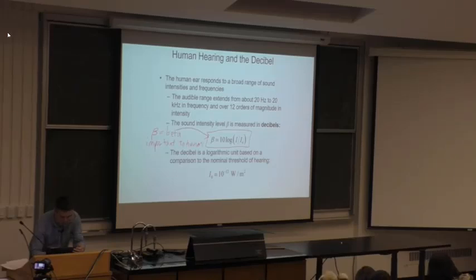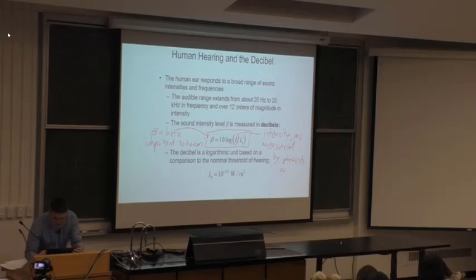But this I right here is intensity, as measured by physicists. So the only thing that's really important to people that have to measure this thing is physicists. And this is I. I is in watts per meter squared.